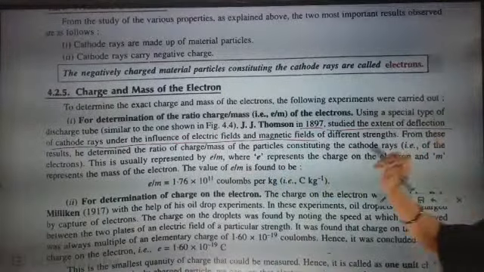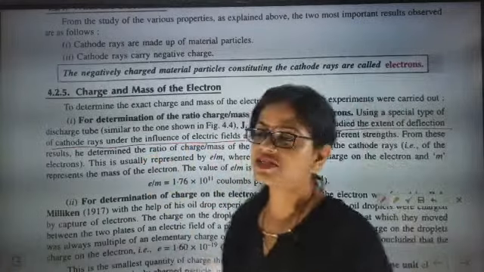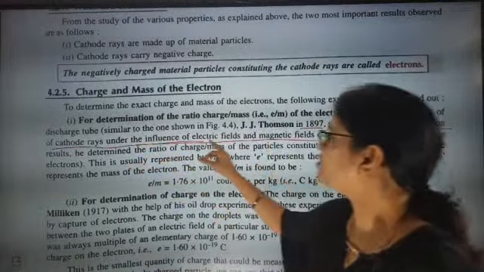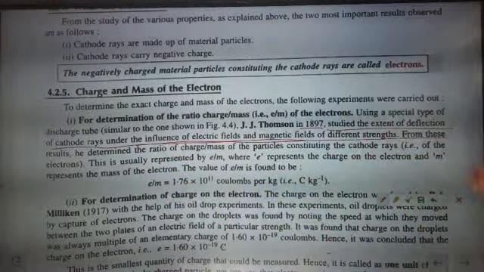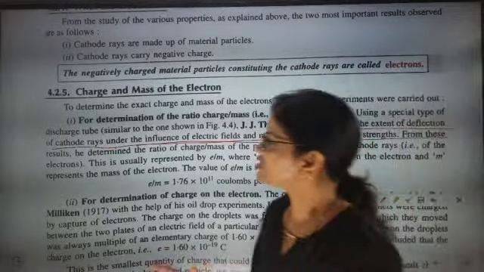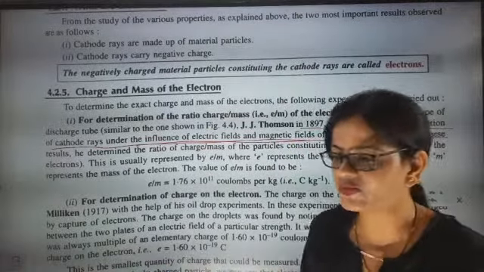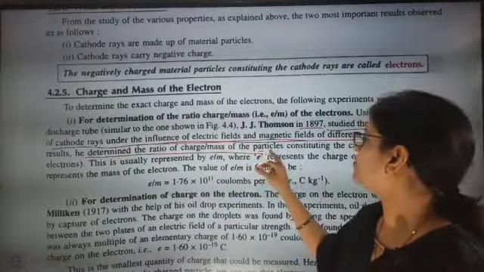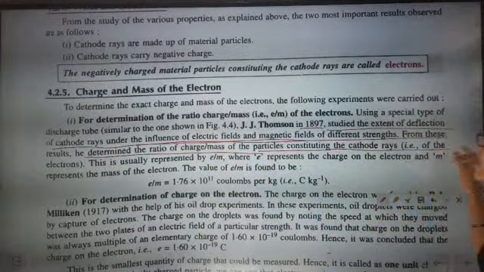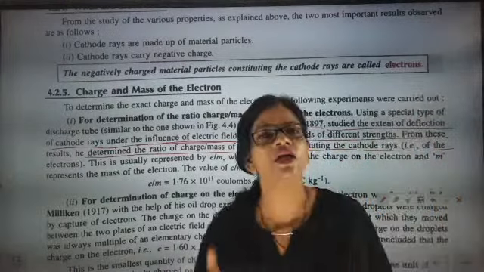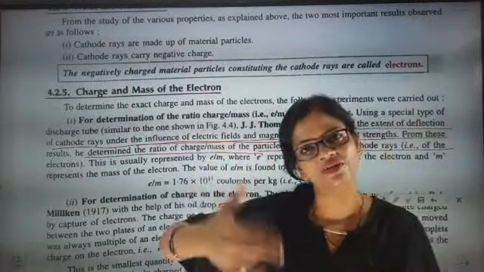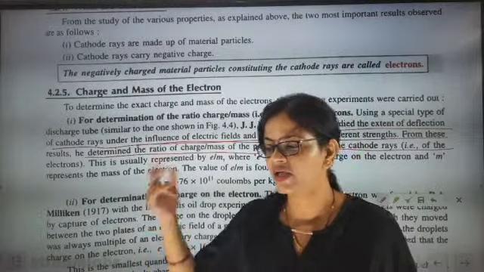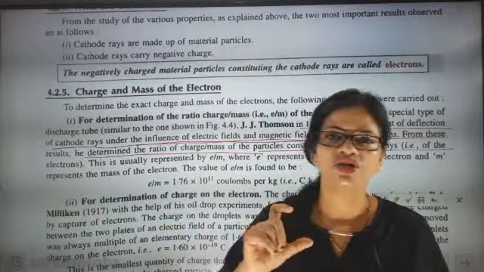So that is what is written: the extent of deflection under the influence of electric and magnetic fields of different strength has been calculated, it has been measured, and he determined the ratio of charge by mass of the particles constituting the cathode ray. With the help of that deflection only he found the charge by mass.